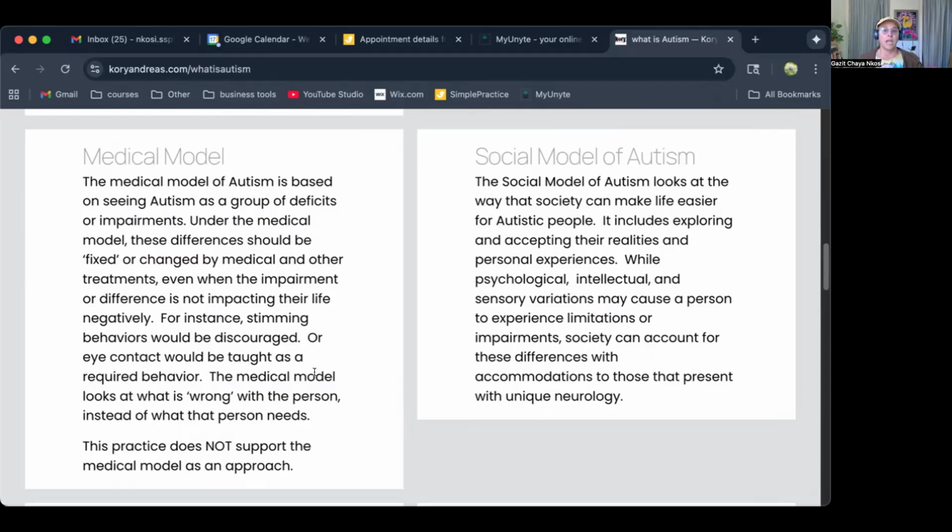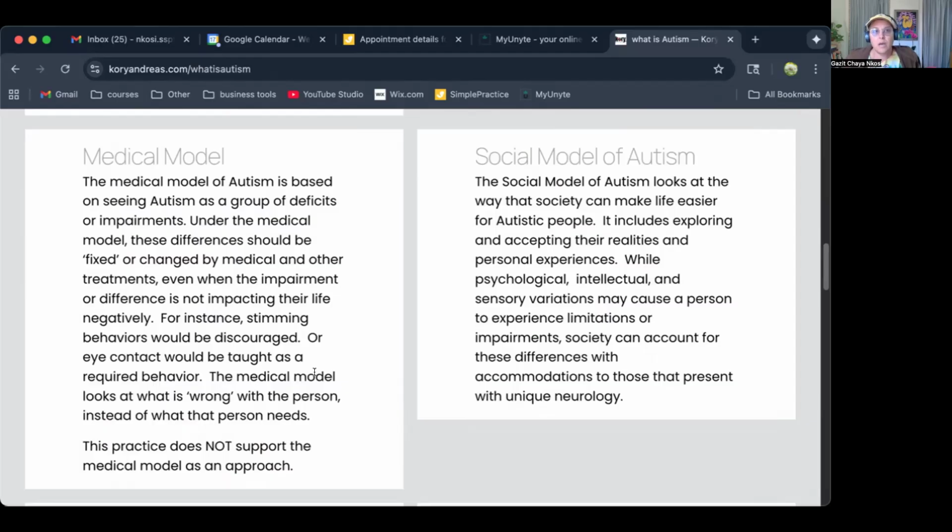So it's exploring and accepting the realities and personal experiences, seeing that differences in how someone thinks, their emotional landscape, or their sensory experiences could result in them being limited in ways in society. We can account for those differences with accommodations in order to support the people with unique neurology.